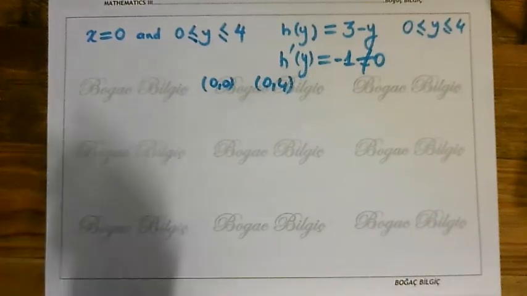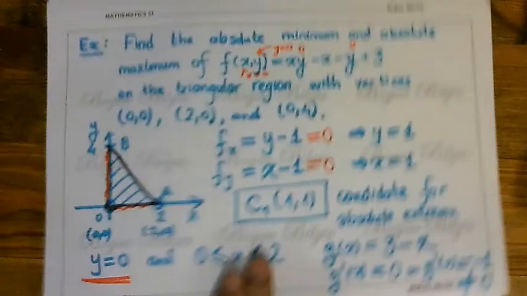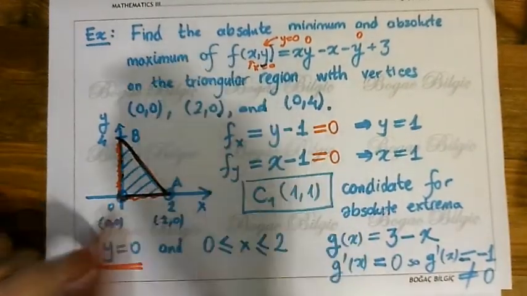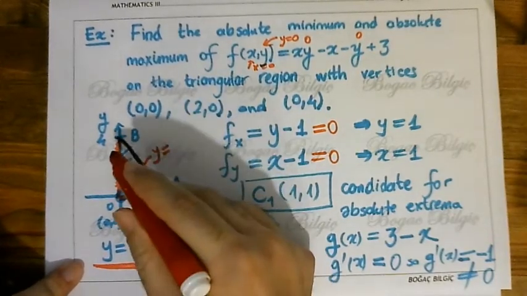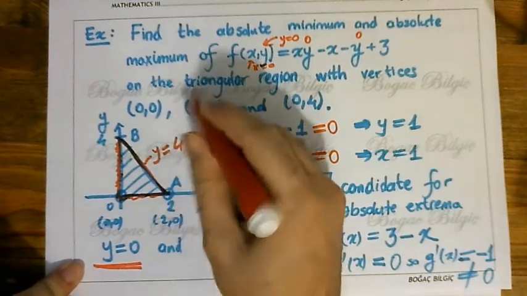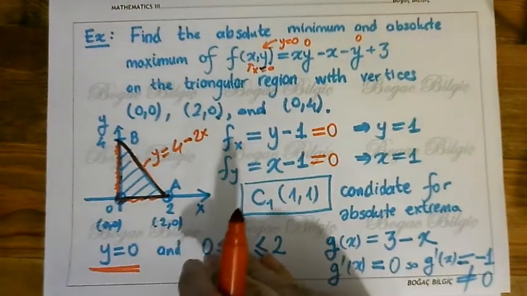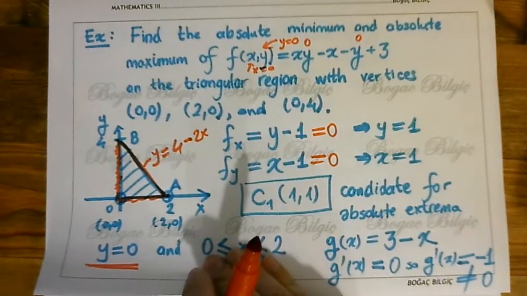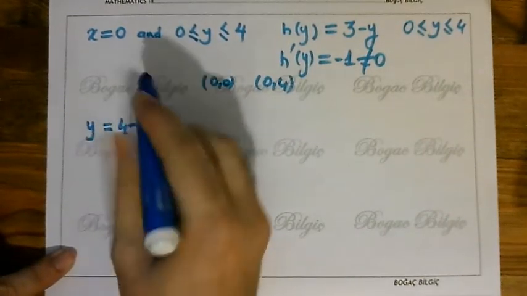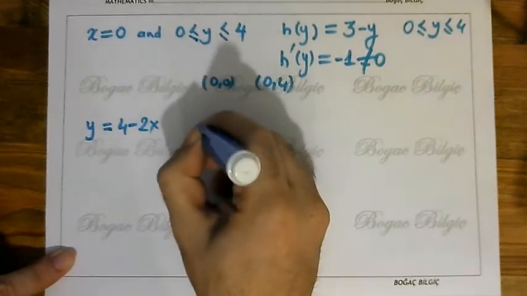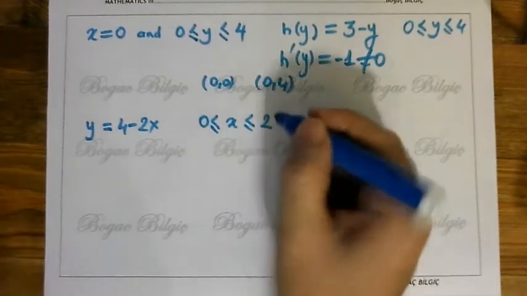And finally, the third segment of the boundary, this line. This is y is equal to 4 minus 2x. The boundary y is equal to 4 minus 2x, and x is bigger than 0 and smaller than or equal to 2.